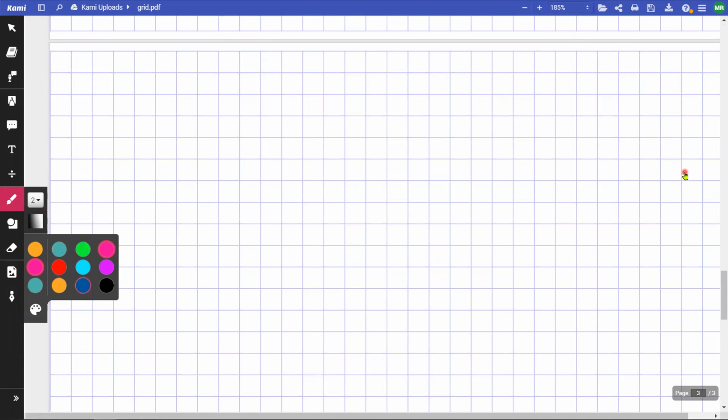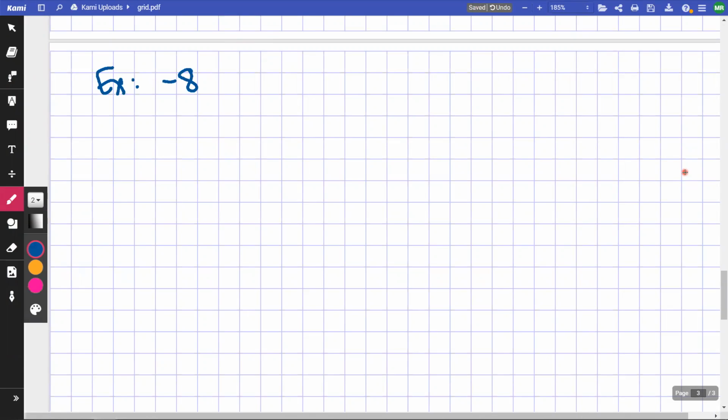So we didn't have to worry about that. In this example, I'm going to have it where it's not isolated. So let's say it's a -8 minus 2 times the absolute value of 5x minus 7 is equal to a -14. So let's say that's our problem.